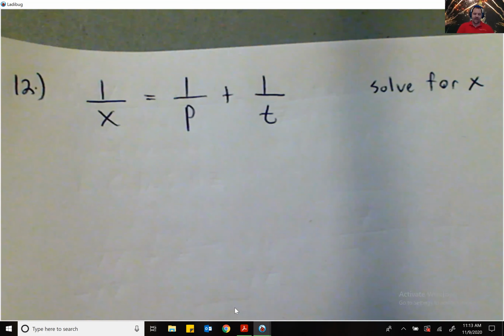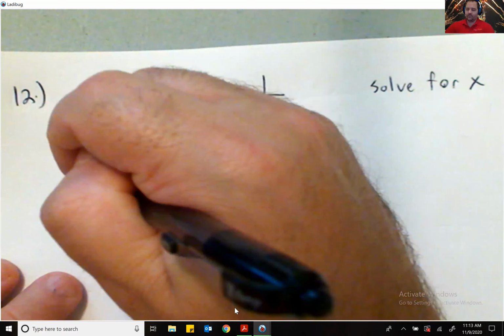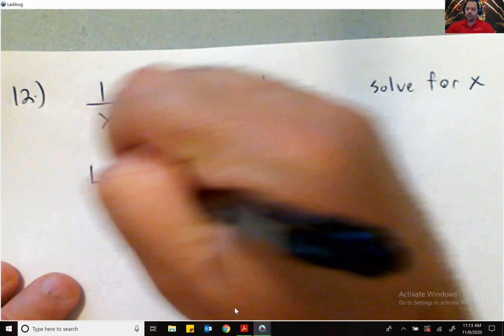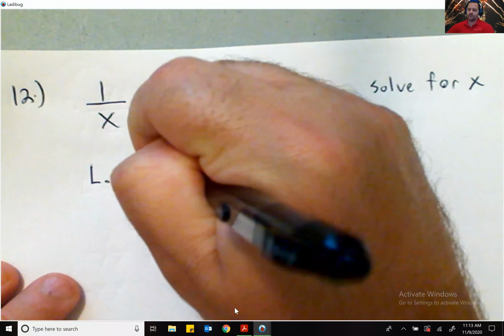So it's not just x that gets multiplied on both sides. The P and T can multiply both. You got to get that LCD. We got to get rid of all these fractions.